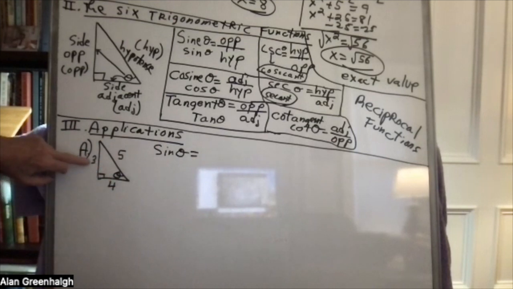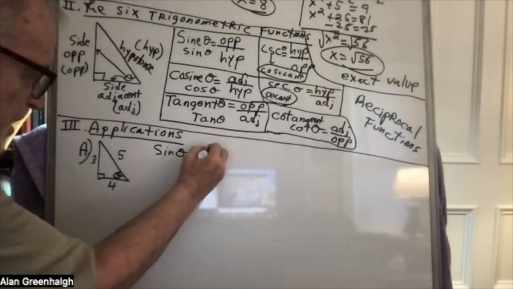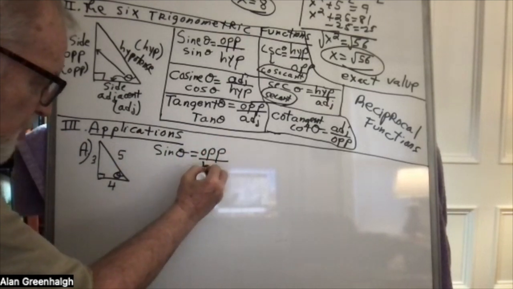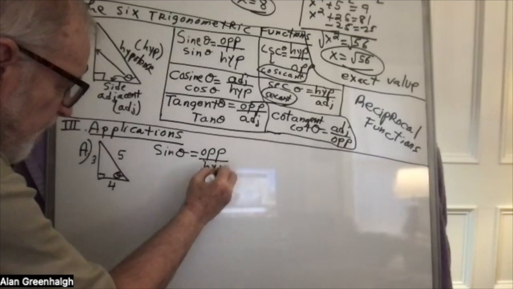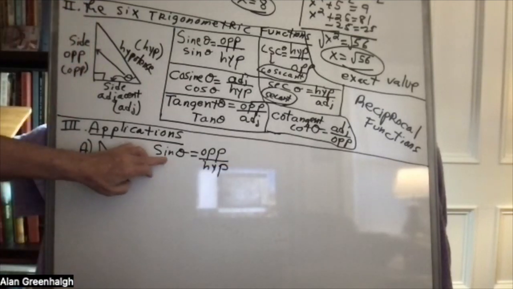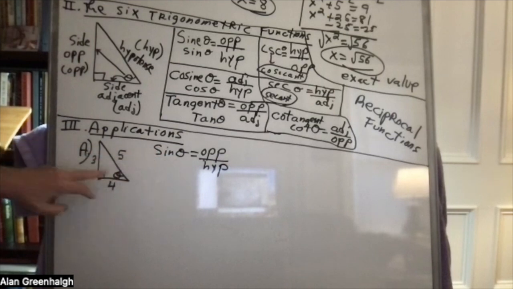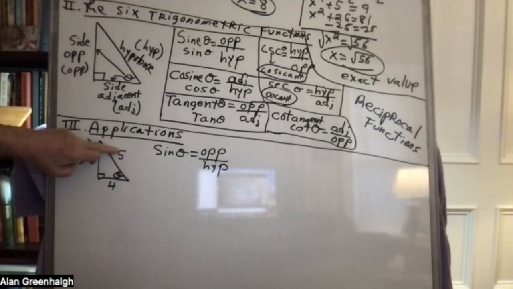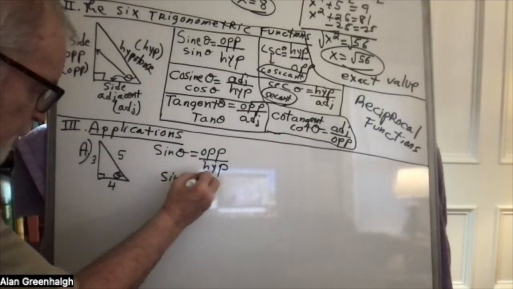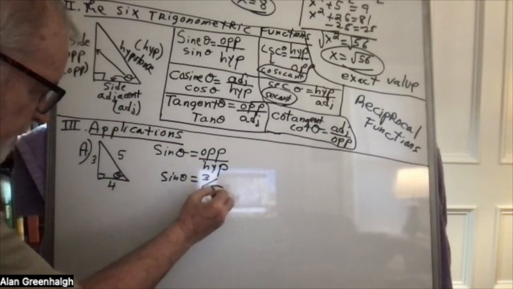It's the side opposite. Sine is opposite over hypotenuse. So opposite, which is 3, over 5. So the sine of theta is equal to 3 over 5.